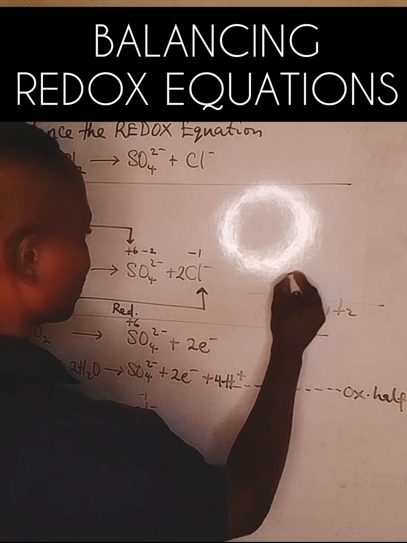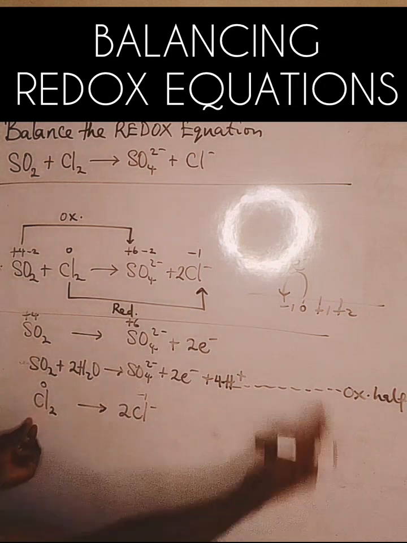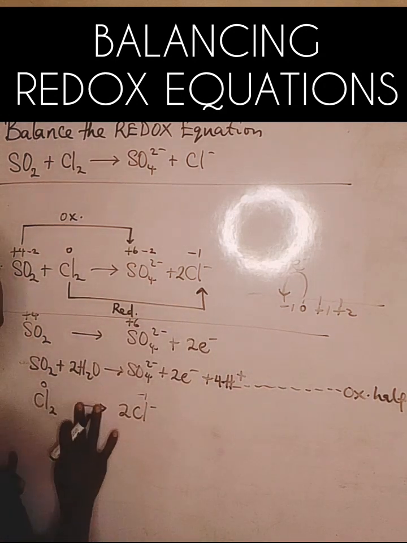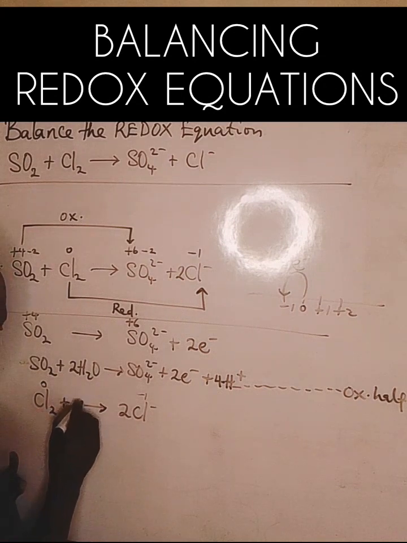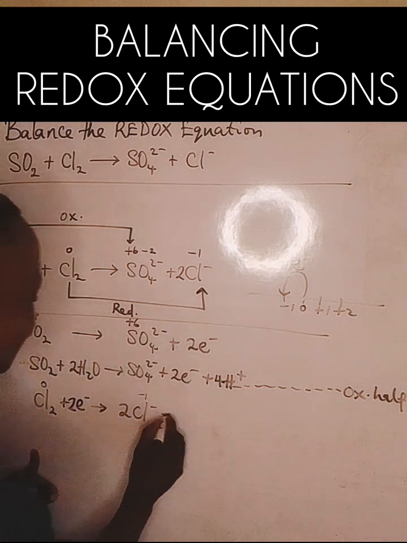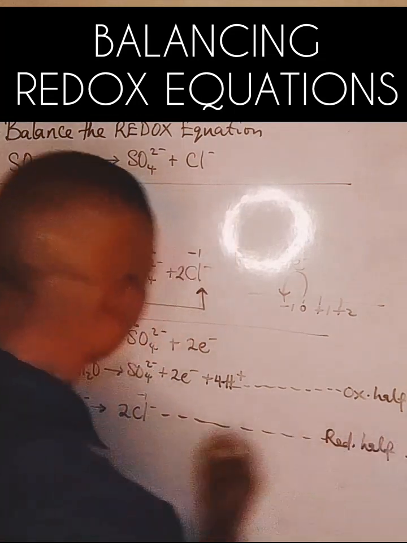From 0 to -1, 1 electron, to the left, meaning that chlorine accepted 1 electron. So we are going to fix 1 electron here. But there are 2 chlorine atoms, so it becomes 2 electrons. This is the reduction half equation.